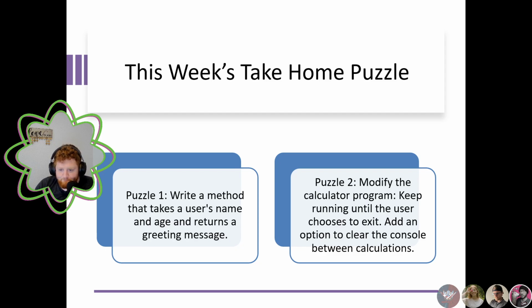Okay? All right, and then puzzle 2, we're going to modify the calculator program. And it's going to continue to run until the user chooses to exit. Okay? And they can exit by just typing exit into the program.